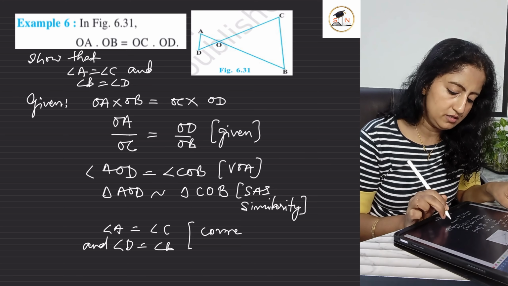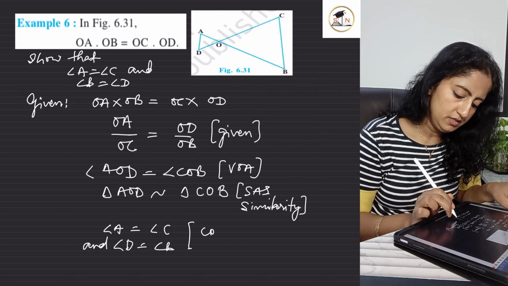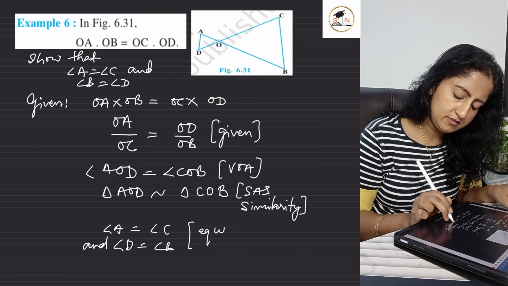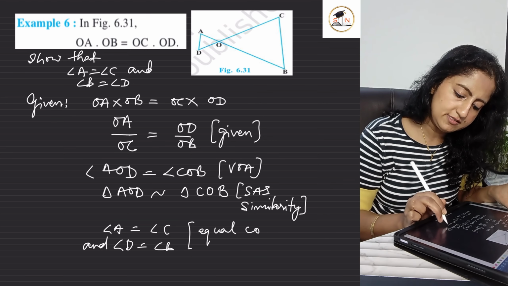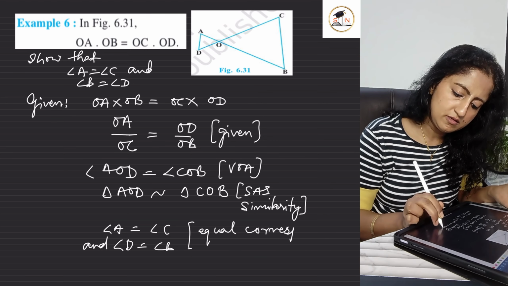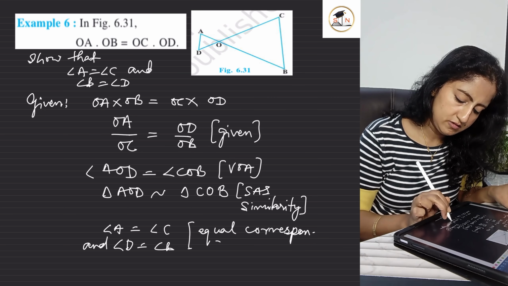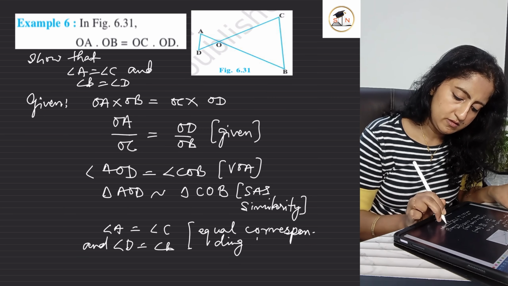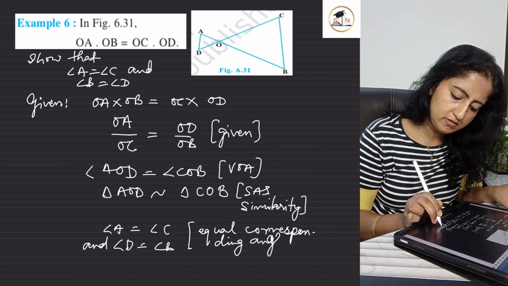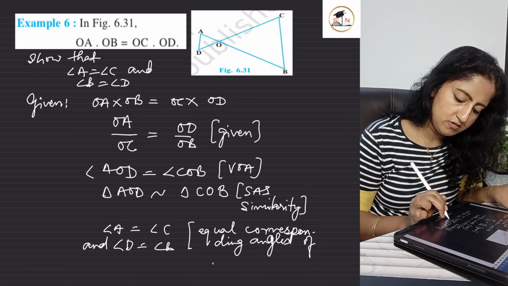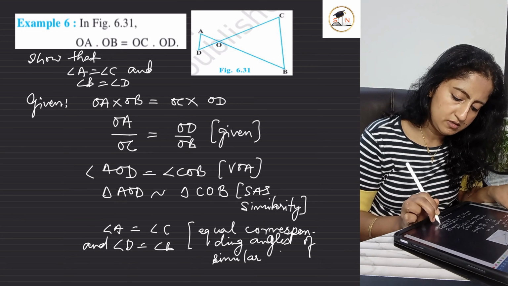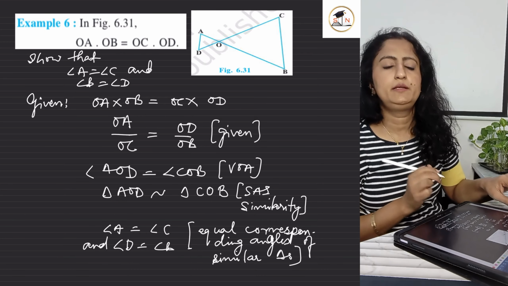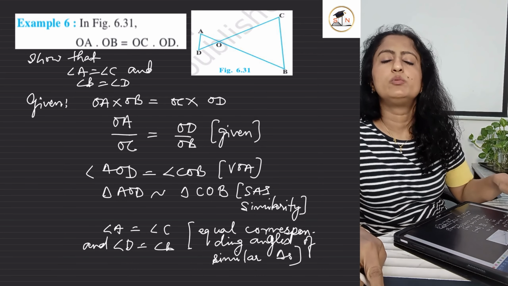You can write equal corresponding angles of similar triangles, right?